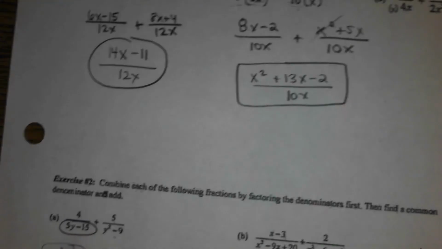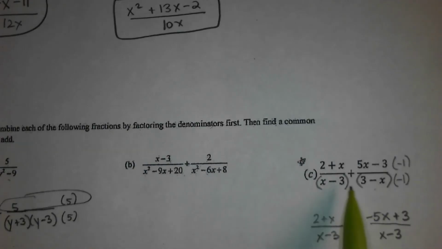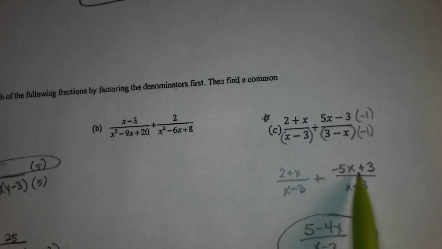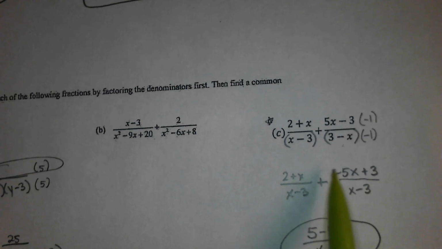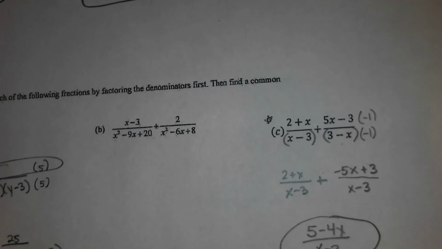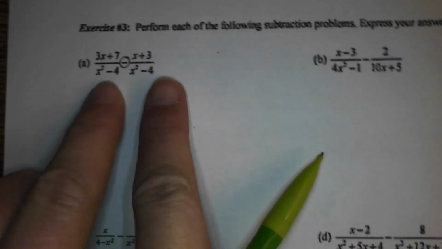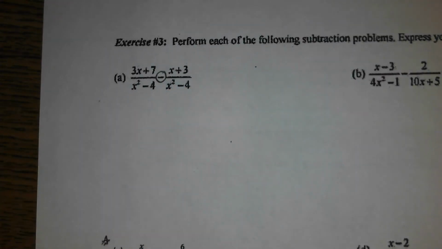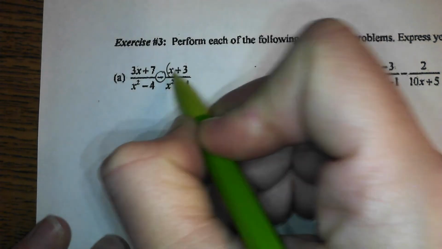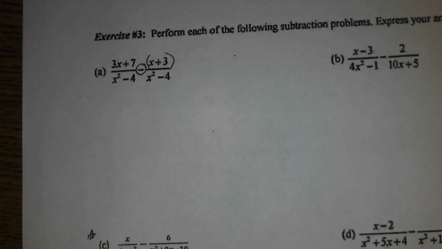When you're adding polynomials, not a big deal, because when you distribute a plus sign, it doesn't really change a whole lot. But when you're subtracting a polynomial, this is going to be a big deal. So these already have a common denominator, because this is the point I'm trying to make with part A. When you are subtracting a polynomial, that has to be in parentheses.